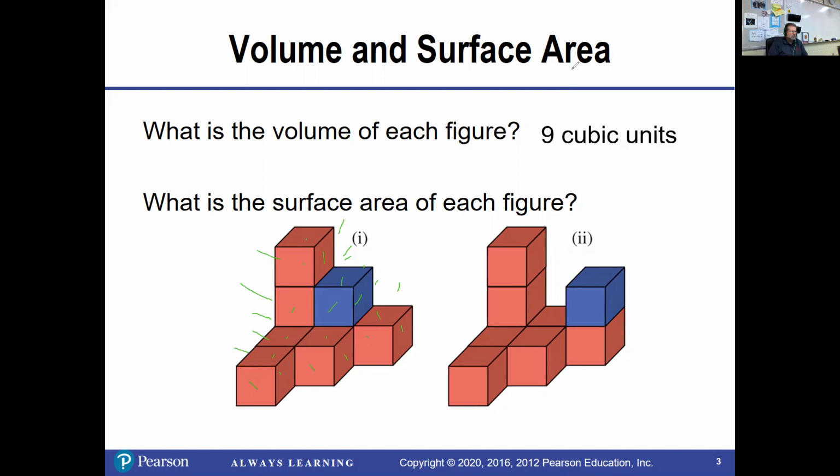I did it kind of quick, and you should have 34. So you're counting the bottoms also.